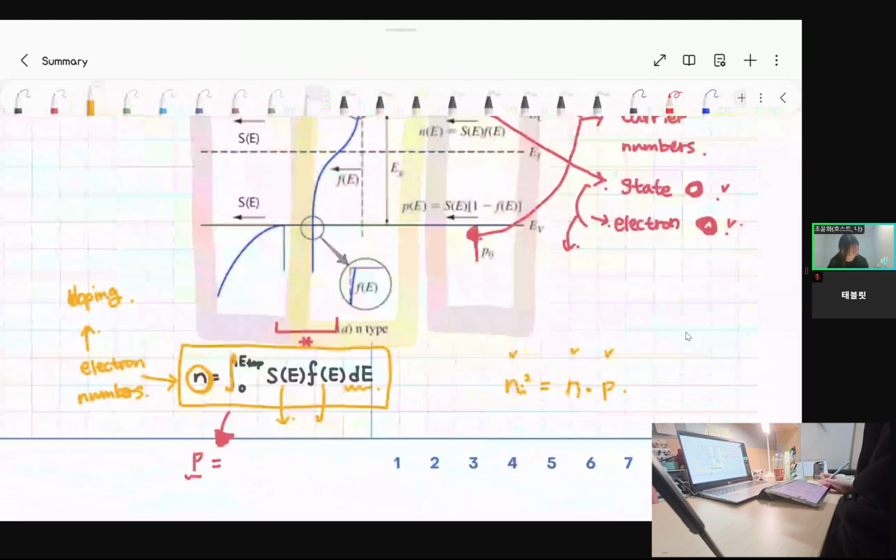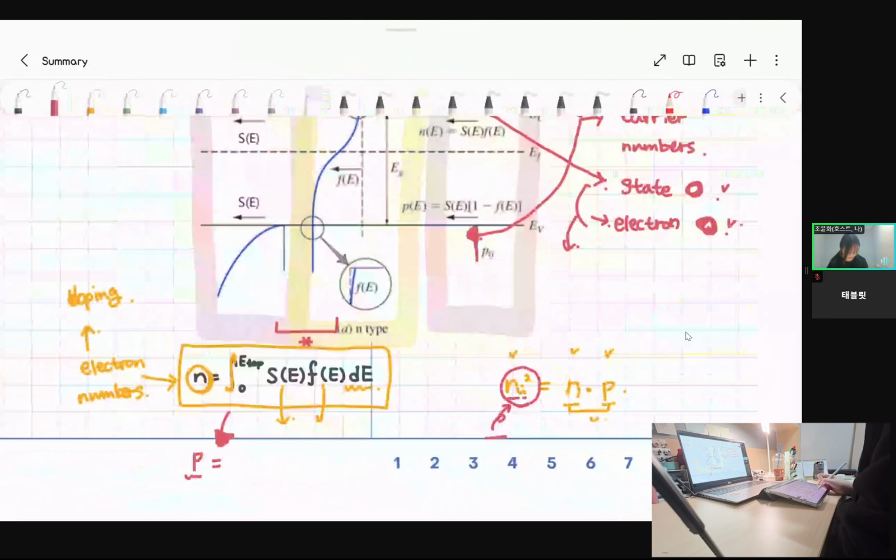By multiplying the two, it is always the same: the square of the intrinsic semiconductor electron number.